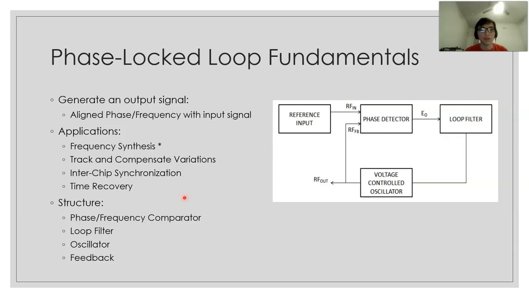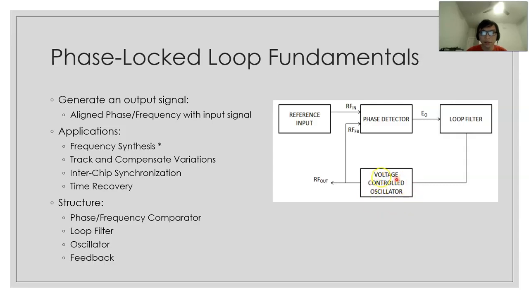And the structure of a phase lock loop basically has three basic blocks to synchronize the output clock with the reference input clock. So it has a phase detector, which can usually also feature a frequency detector, a loop filter, and finally a voltage controlled oscillator, or VCO in short.